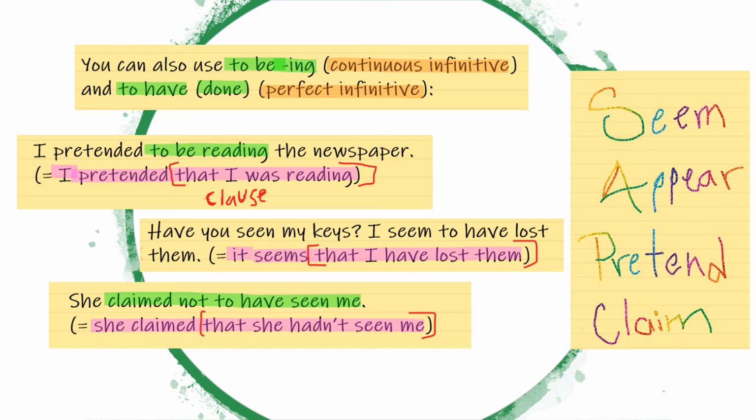I mean, using clauses. For example, I'm going to explain very fast. You can also use to be plus the continuous infinitive. What is this? You have to say to, and then the continuous form. For example, here, I pretended to be.